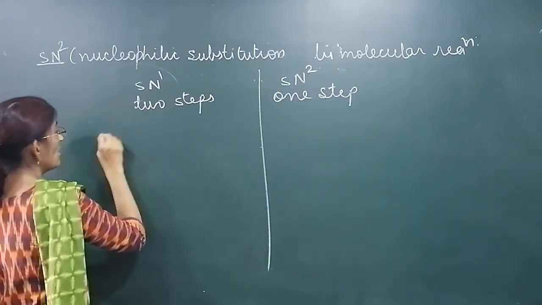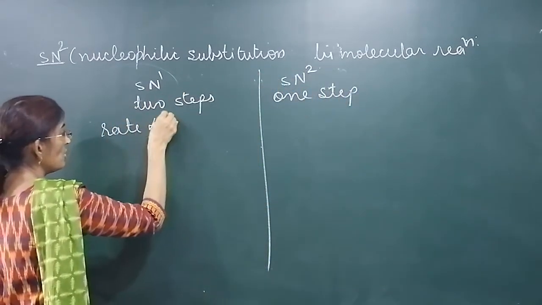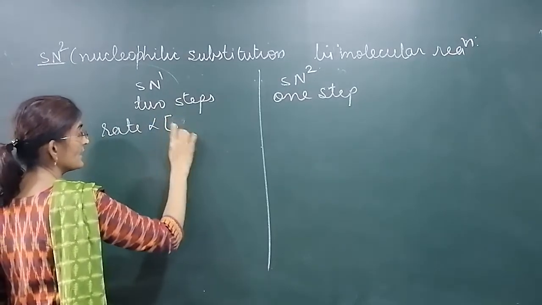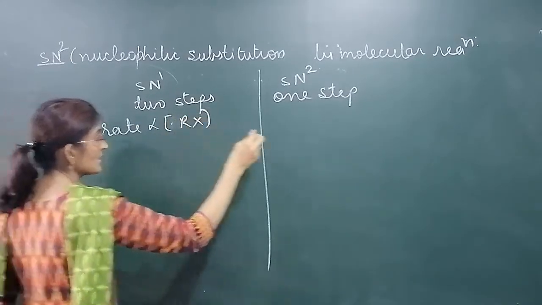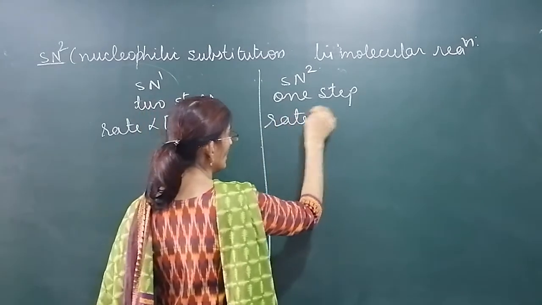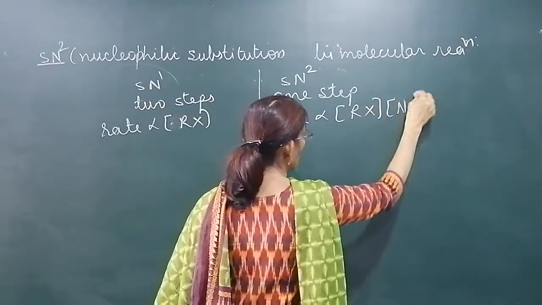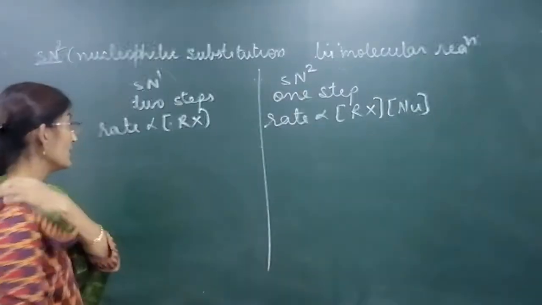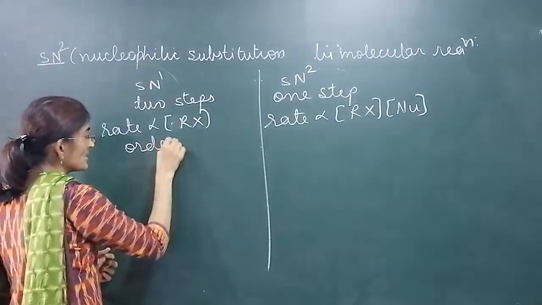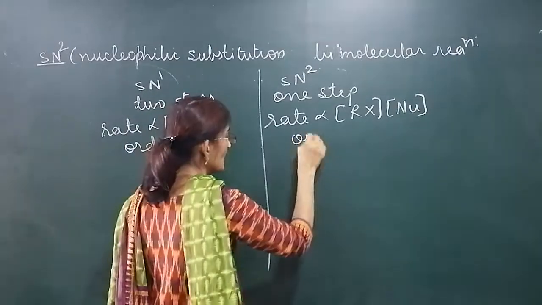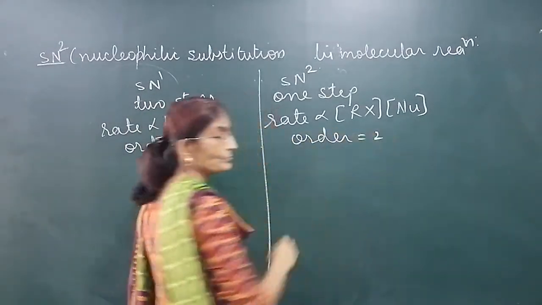Its rate depends on only the concentration of alkyl halide, RX, and its rate depends on the concentration of alkyl halide as well as the concentration of nucleophile. It depends on both, so what will be its order? First order reaction, and this is a second order reaction.